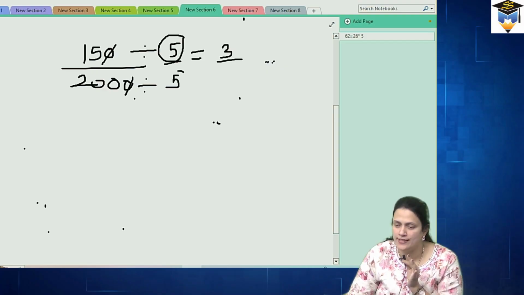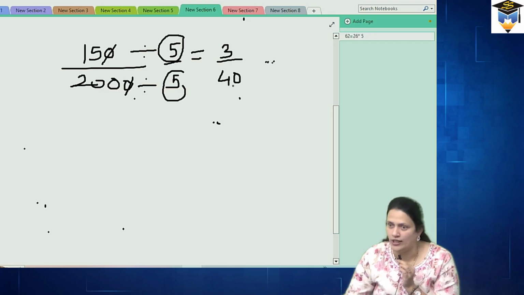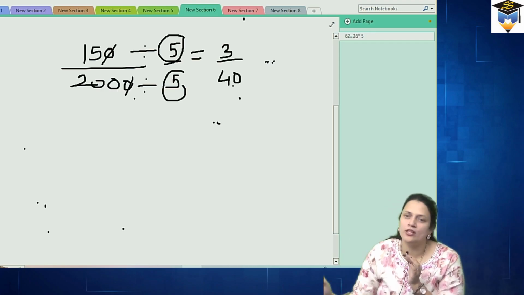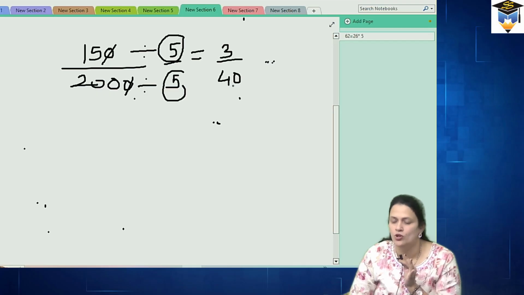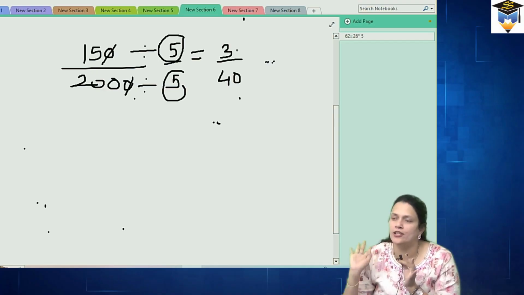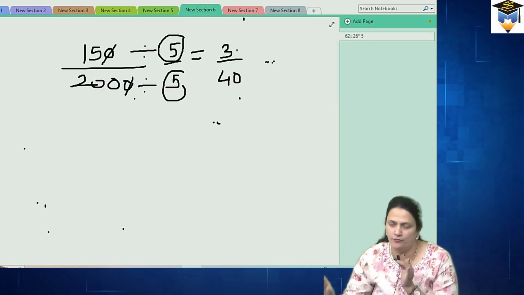Both numbers have to be divided by the same number. So 200 divided by 5 is 40. Now tell me, this is the lowest form, 3 upon 40. Can this be converted to a further lowest form? No. So this is going to be the final answer. So always a ratio has to be written in the simplest form.